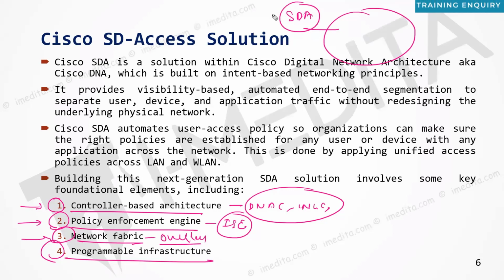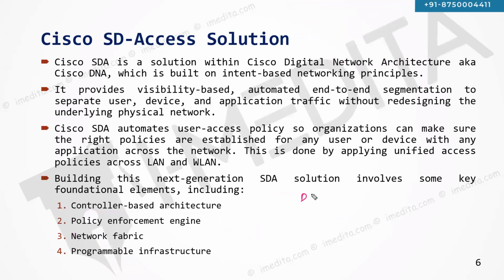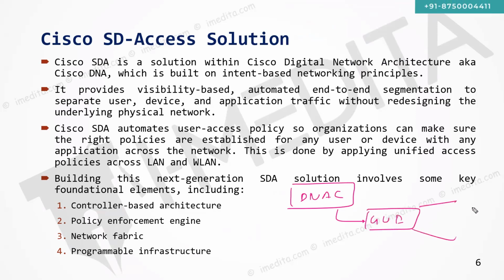So what I'm trying to say is that here is your DNS center. DNS center provides you graphical user interface access. You open a browser, type the IP address of the DNS center, and it opens a GUI, and you interact with the DNS center with the help of the GUI.